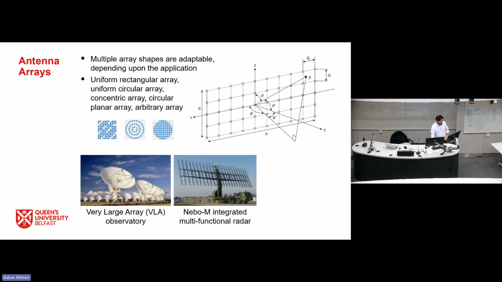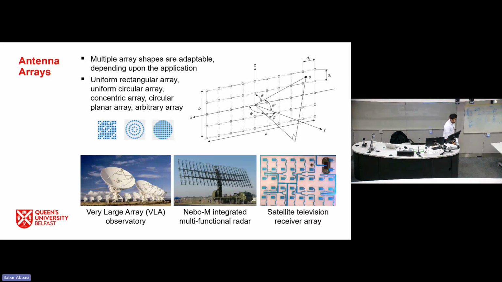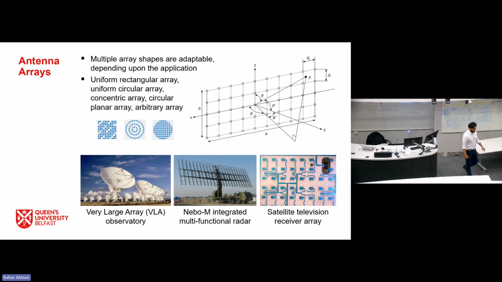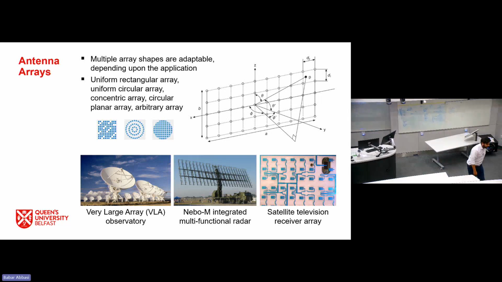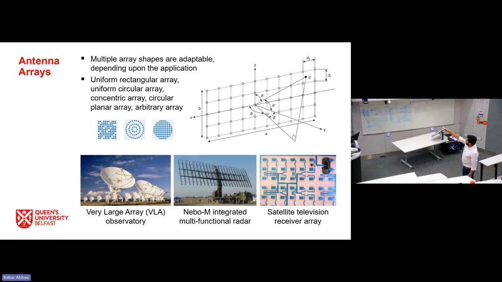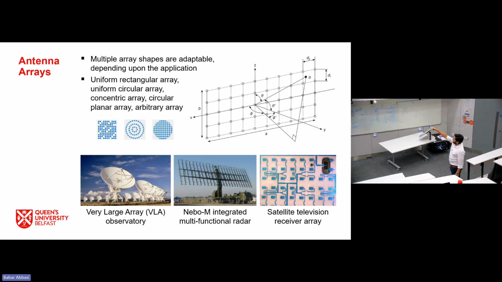And then we can have multiple shapes of antennas. The first formation that we saw in the previous slide was the uniform rectangular array. This formation is a planar circular array. Then we have circular arrays, actual arrays in circular formation.